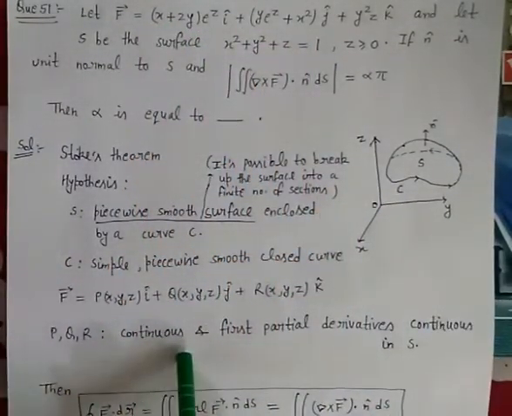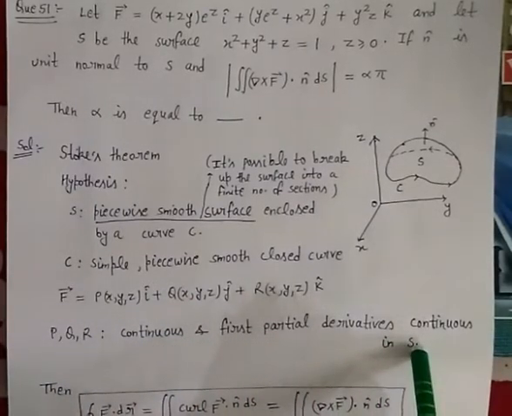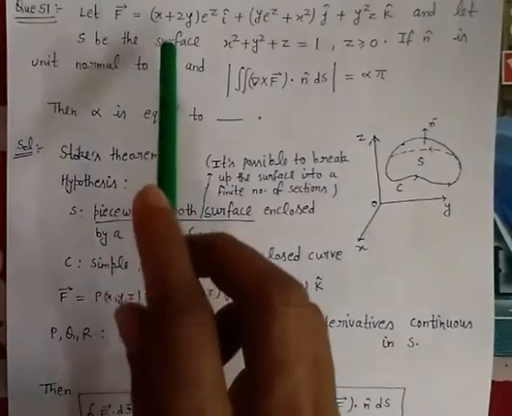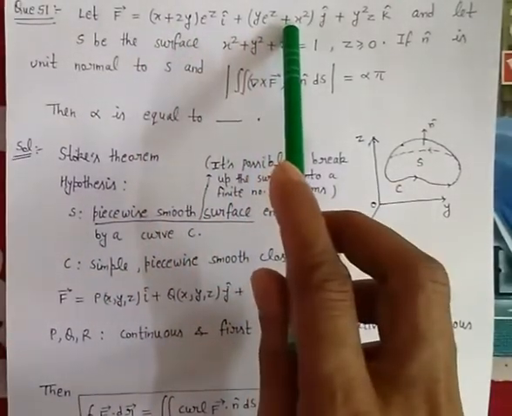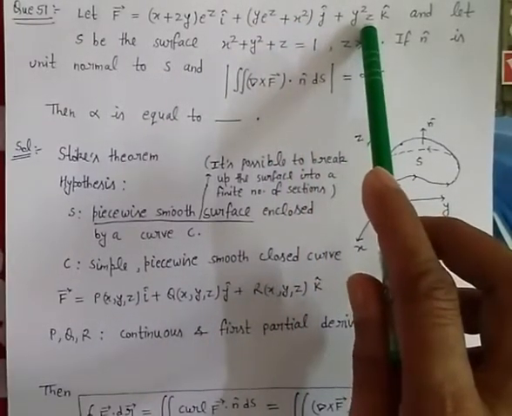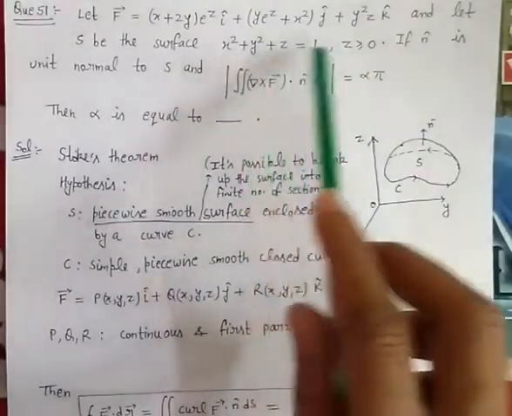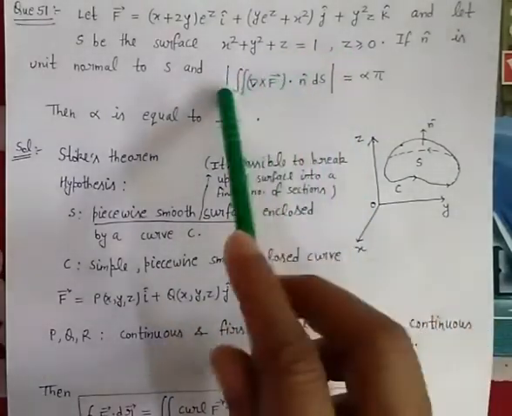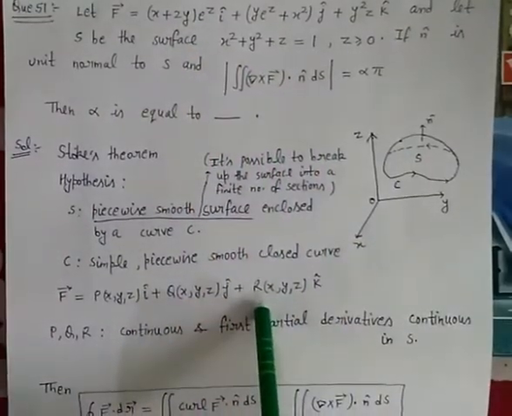P, Q, R are continuous and have continuous first partial derivatives on S. Here P is this one, Q is this one, and R is this one. We can easily verify that P, Q, R are all continuous and the partial derivatives also exist on the given surface.